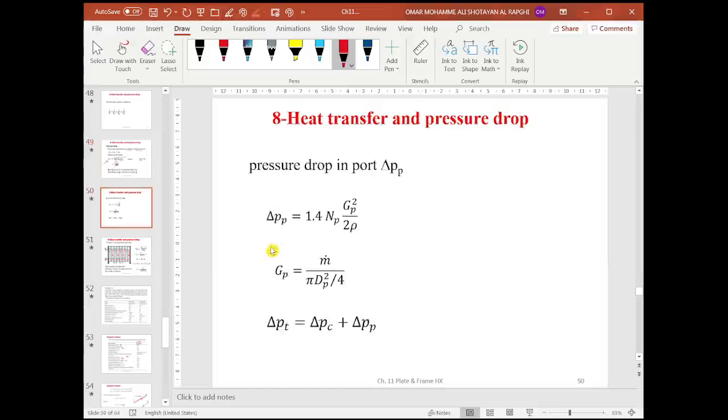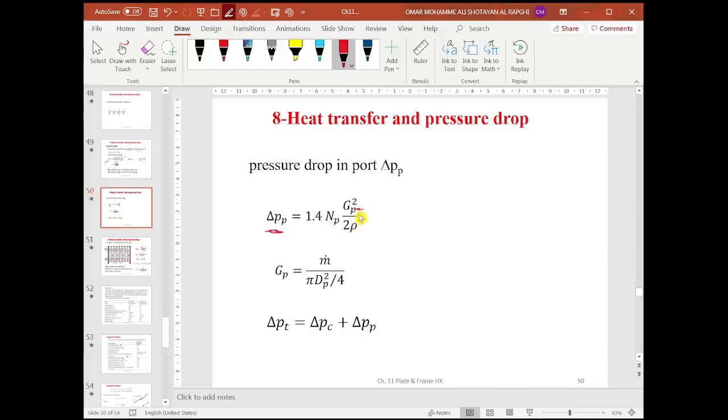For calculating the pressure drop in the port, the author of our textbook is suggesting this expression, which is ΔP for the port is 1.4 times the number of passes multiplied by the mass velocity for the port.